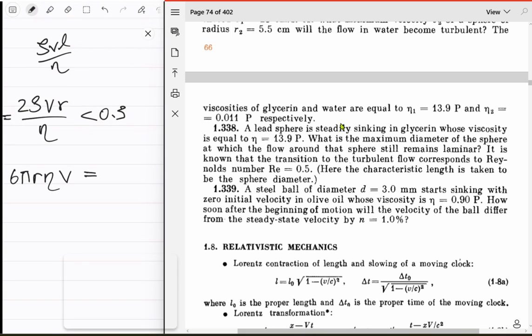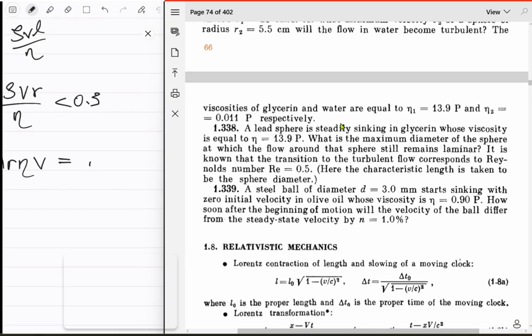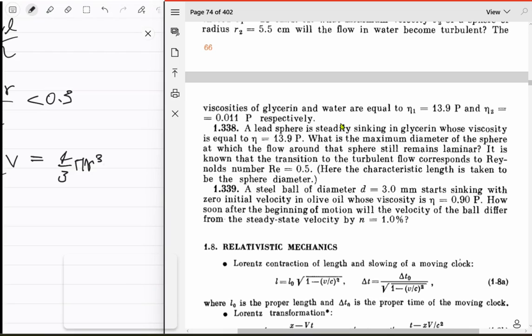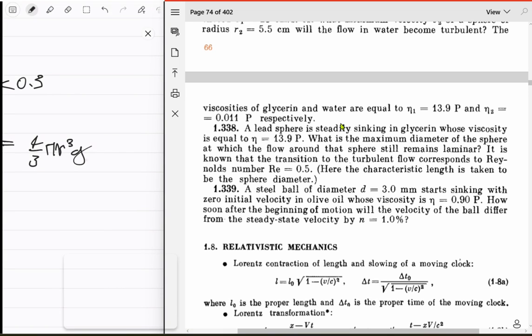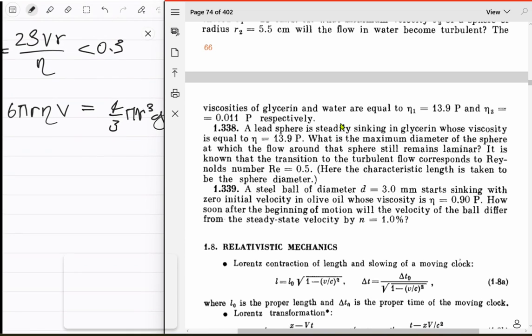Right, so it's steady sinking, that just means it's at terminal velocity, and this thing is equal to the effective gravity stuff. So 4/3 pi r cubed times the density. I should put a g over there as well. And then you just have the density of lead minus density of water, right?